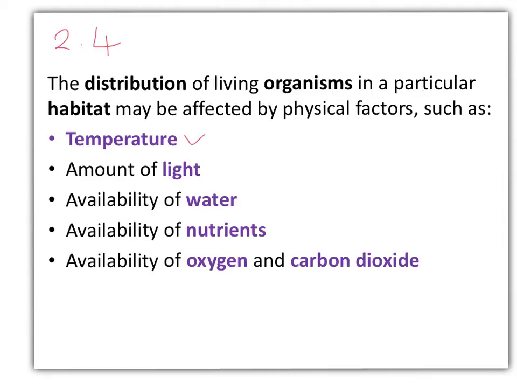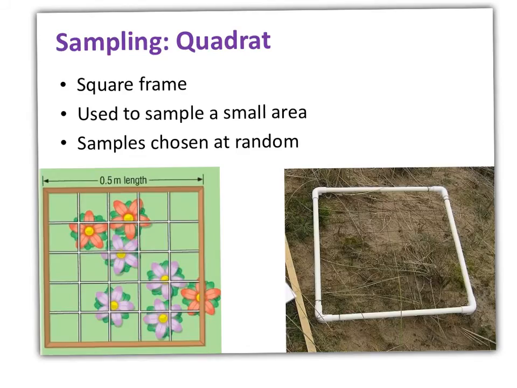So it might be affected by temperature, light, water, nutrients, the amount of oxygen available for respiration, or the amount of carbon dioxide. Now we might want to have a look at the distribution, so maybe how many daisies were growing on a particular field, and we might compare that with how many daisies were growing on another field and then try and work out why that might be.